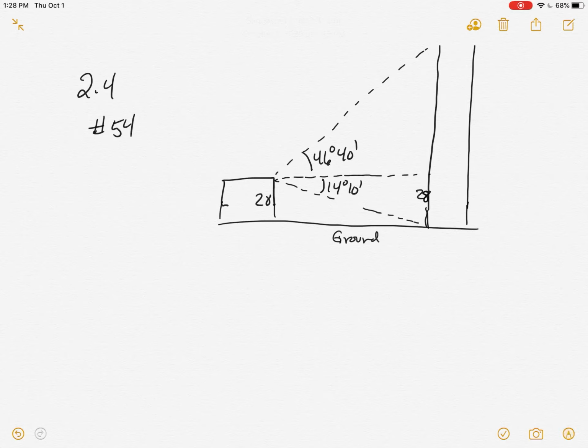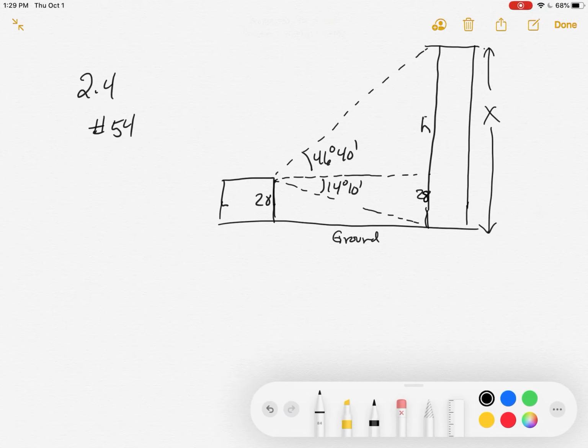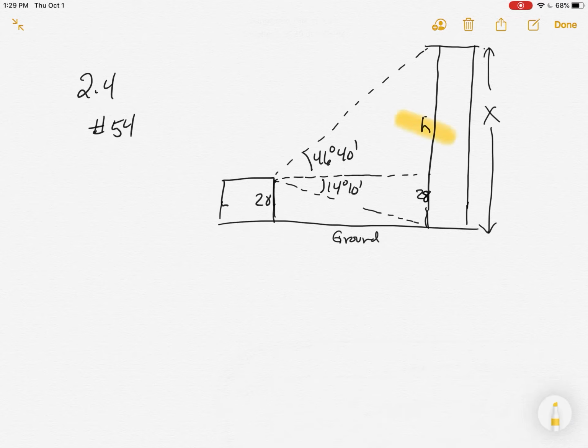So the question really is, they want to know the full height of this building. Let's suppose this is the top. They want to know this distance right here that they have marked out. But if the building is 28, then this is 28. So I really ultimately need to find this value right here. I'll call it h for height. This is what I need to find.